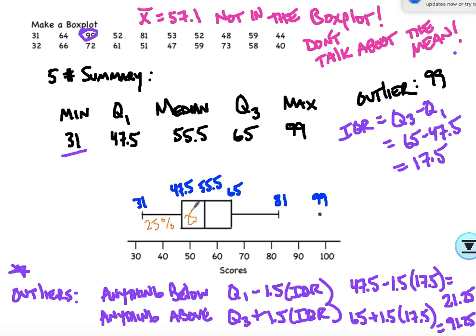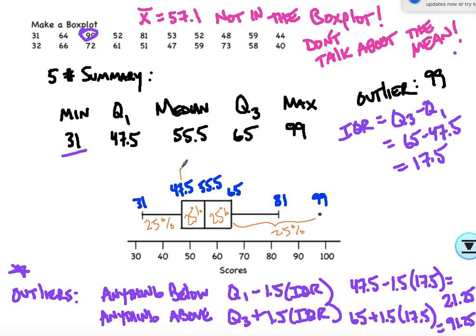Another 25% falls between 47.5 and 55.5. Another 25% falls between 55.5 and 65. And then another 25% falls between 65 and 99. So the upper 25% has a much wider range than the lower 25%.